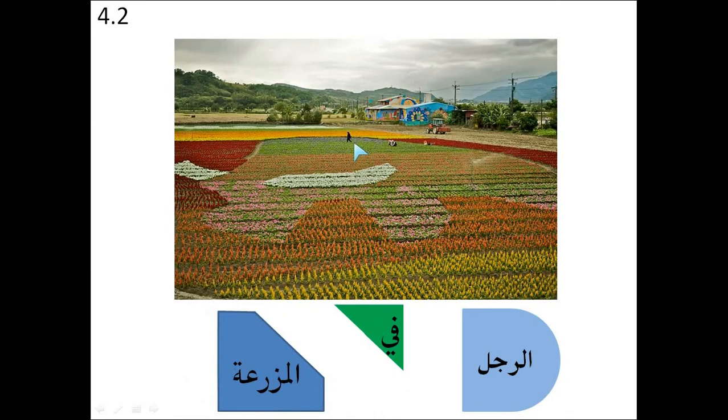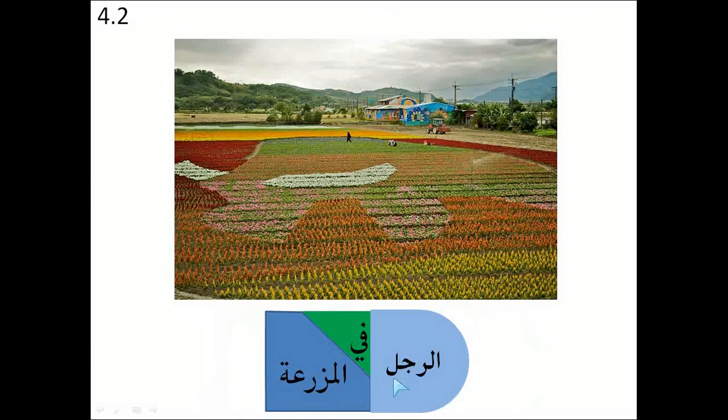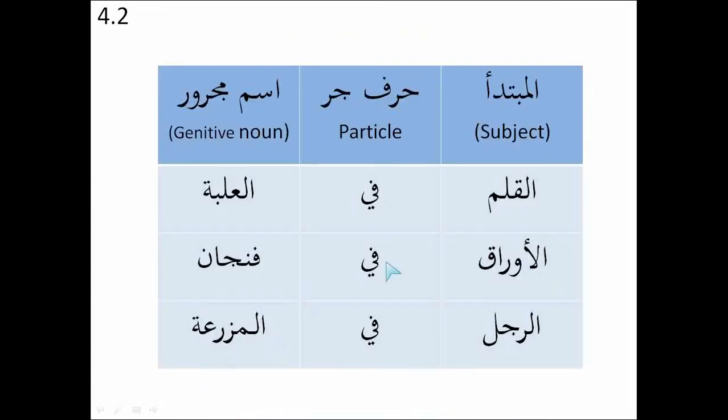And here we have a man in a beautiful farm. الرجل في المزرعة. Put them together, you get الرجل في المزرعة. Okay, let's analyze these three sentences. القلم في العلبة. الأوراق في فنجان. الرجل في المزرعة.